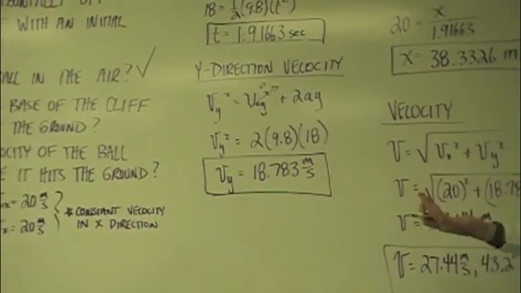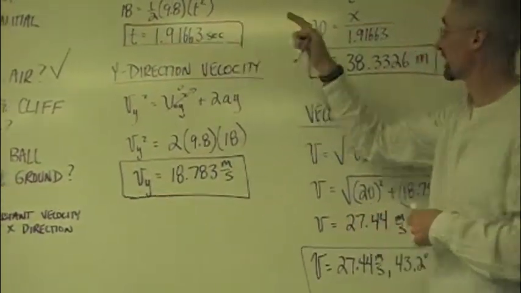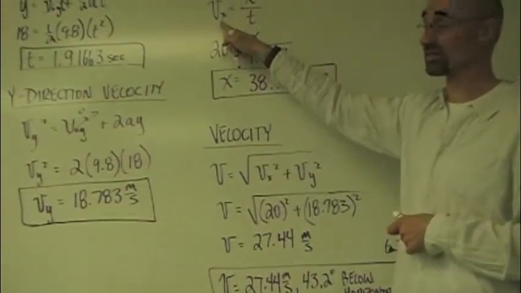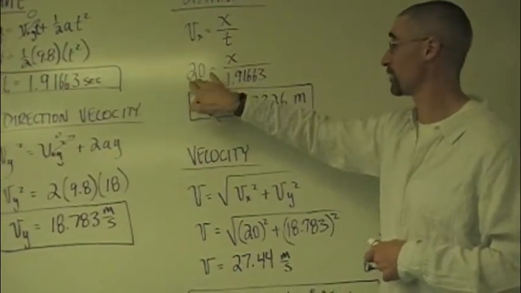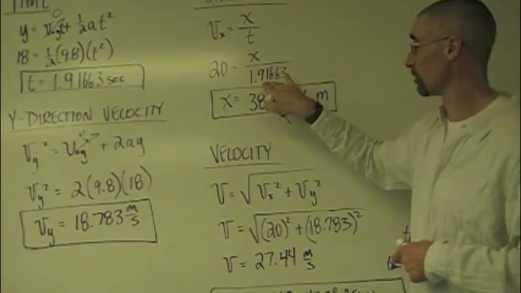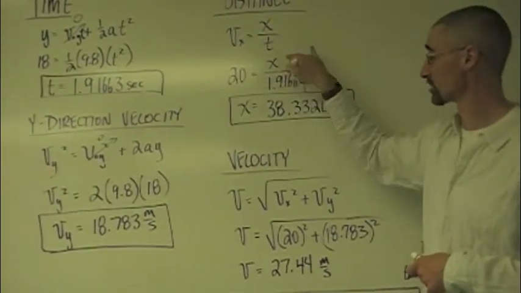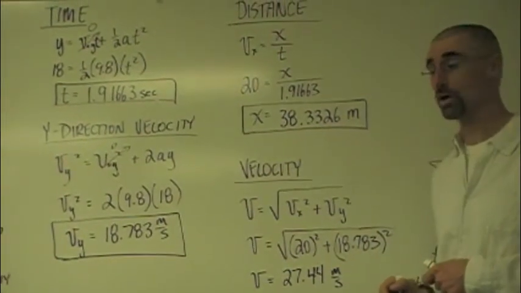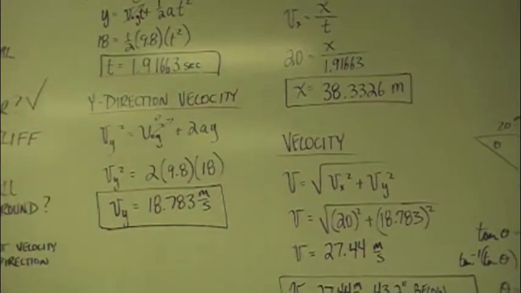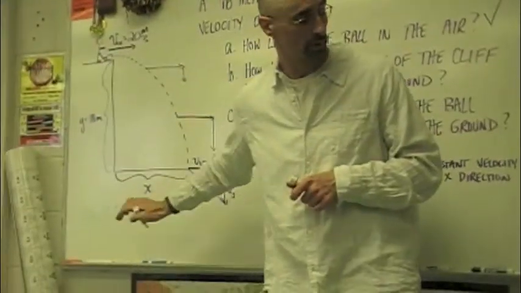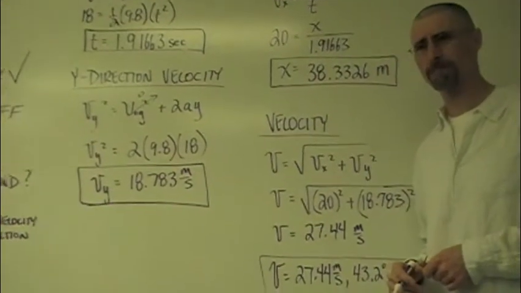If it's always going 20, and it's going 20 for this many seconds, isn't that a pretty simple constant velocity type problem, where we say 20 meters per second for a time of 1.91663 seconds? We just multiply those two together, gives us our distance traveled. So from the base of the cliff, this X right here is going to be 38.3326 meters. That is pretty straightforward, don't you think?